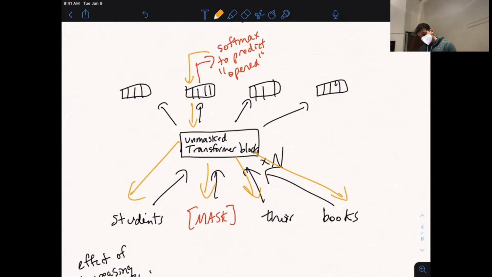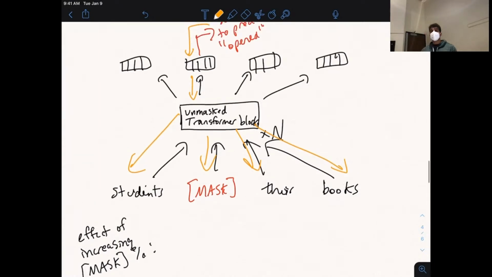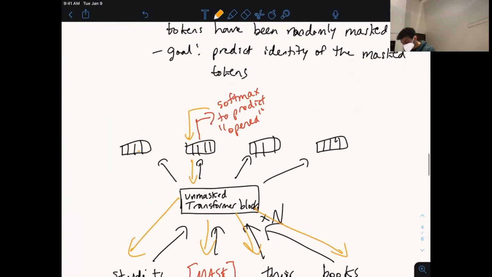All right. And just to complete the loop between this and the two RNNs, at every position of the network, each of these final layer representations is fully contextualized. They're aware of both the previous words and the future words because we're using unmasked self-attention.